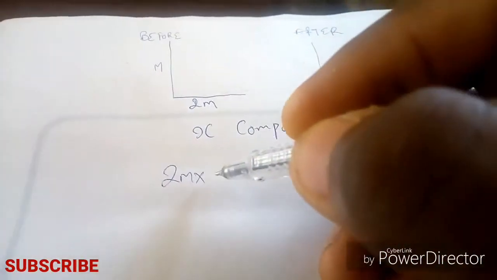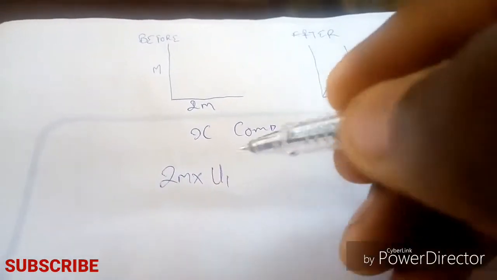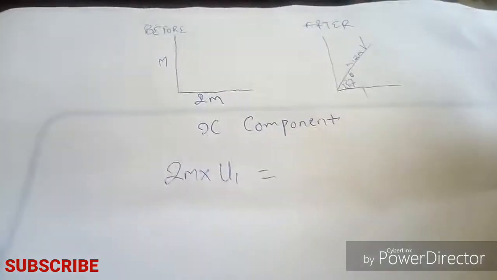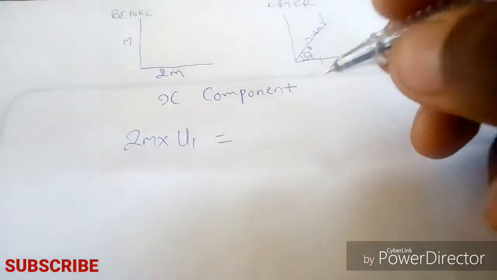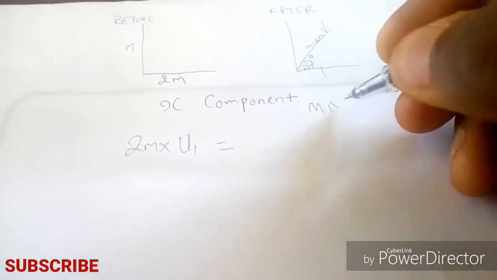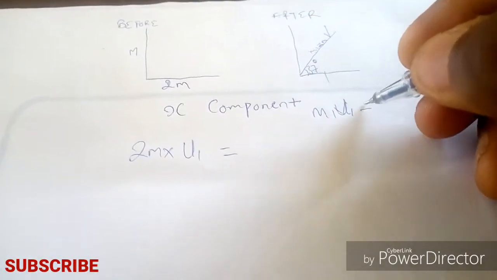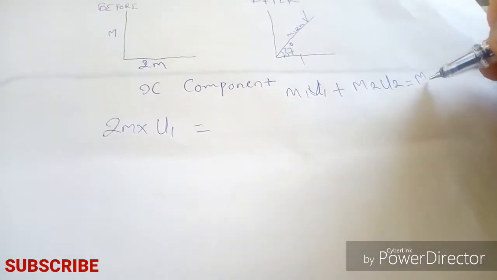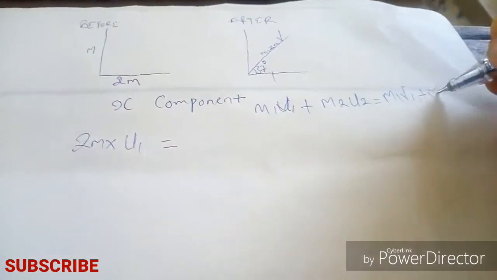So we say 2M times u1 is equal to the momentum after collision, because the momentum before collision is equal to the momentum after collision. So we say m1u1 plus m2u2 is equal to (m1 plus m2) times v.